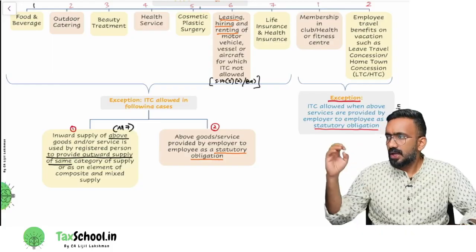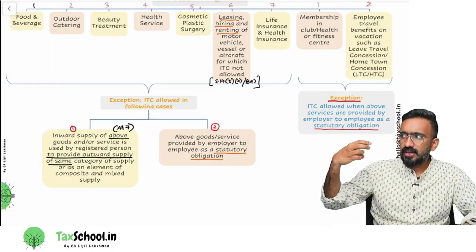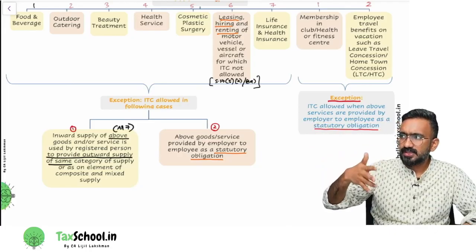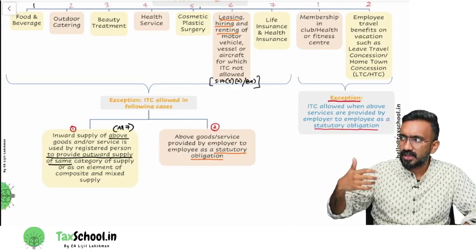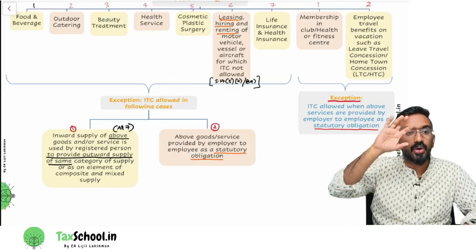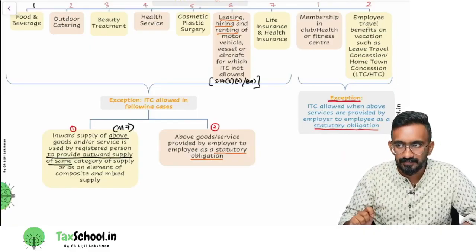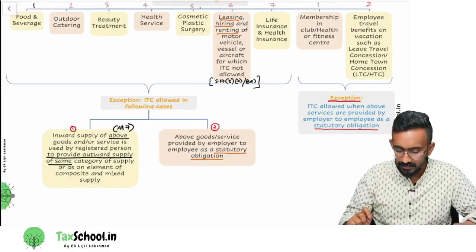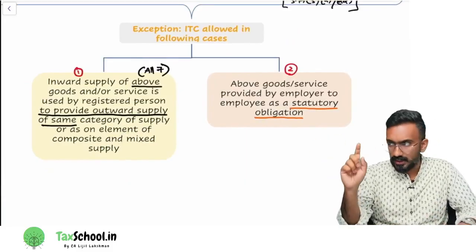So look at this. Food and beverage, outdoor catering, beauty treatment, health services, cosmetic plastic surgery, leasing, hiring, renting of motor vehicle, vessel or aircraft for which ITC is not allowed, life and health insurance. All the seven, there are two exceptions where you can take ITC. What are the cases where you can take ITC? Carefully look at the first one.